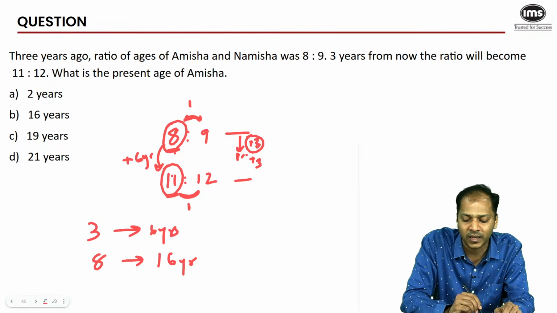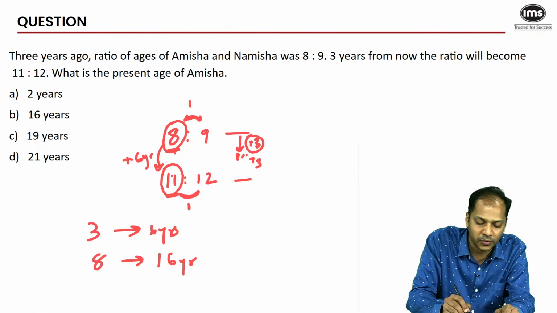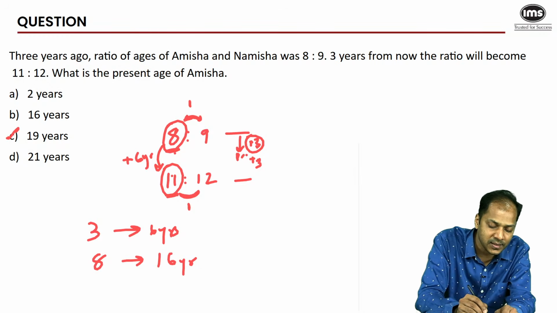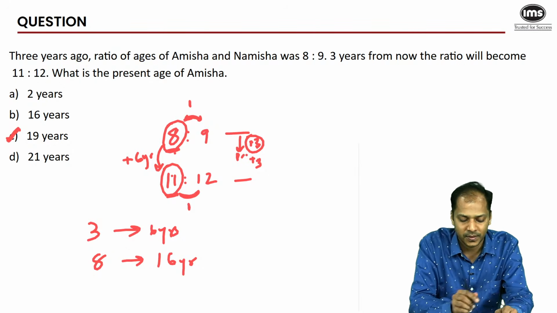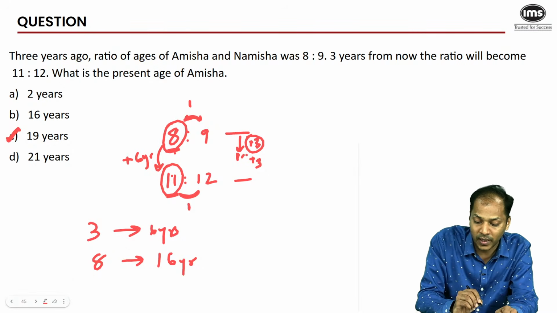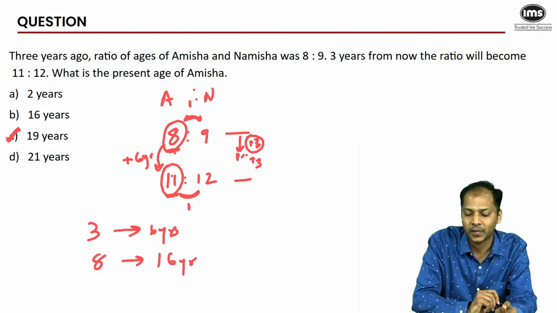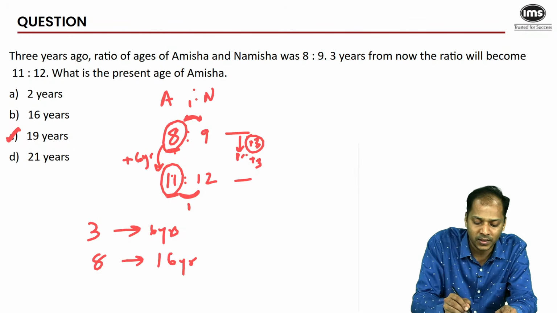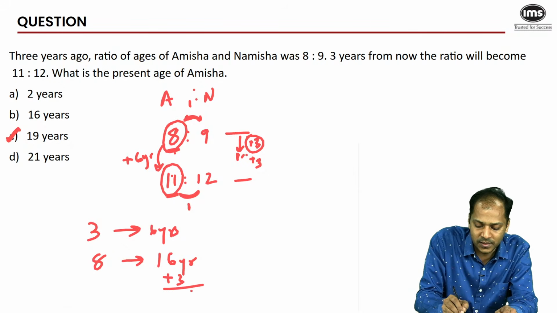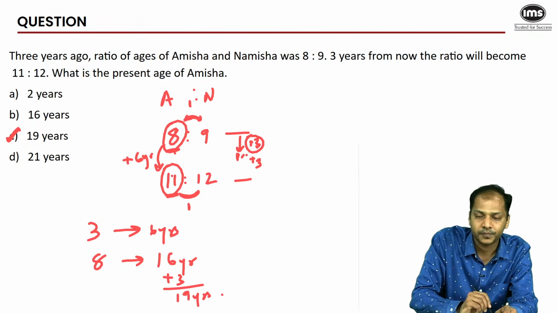So the answer to this one would be option C, that is 19 years. I'm so sorry, it is Amisha to Namisha, yes. So Amisha would now be 19 years old.